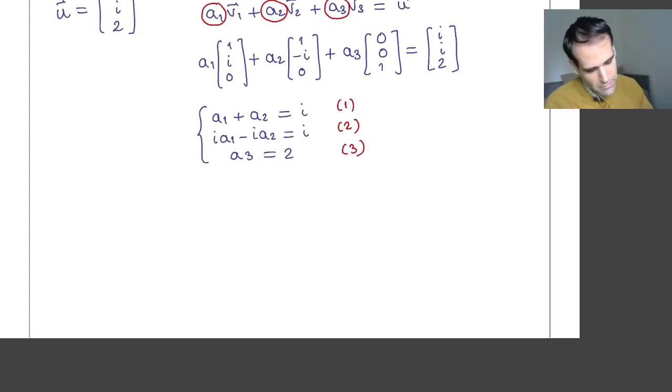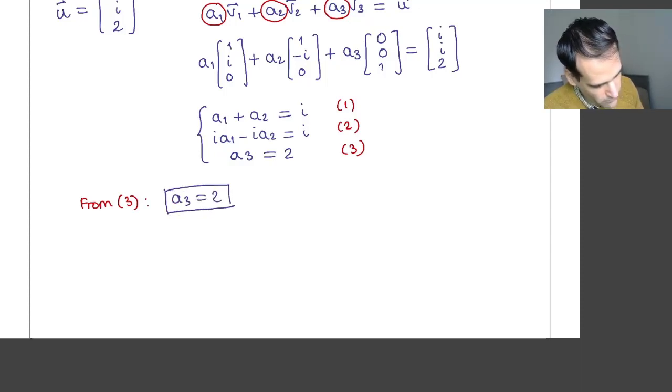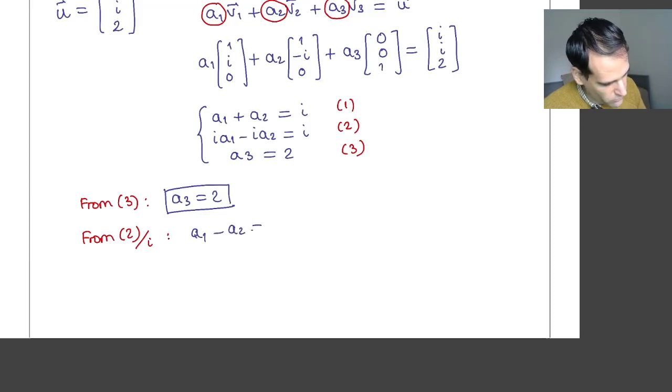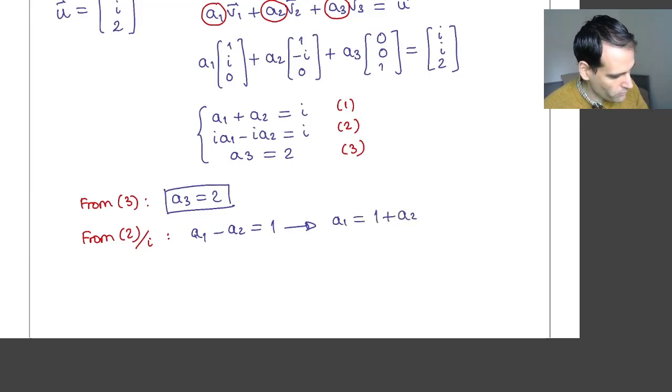Now we proceed very similarly as we did in A. First, from 3, we already know that A3 has to be equal to 2. Now from 2, if we divide both sides by i, we arrive at A1 minus A2 equals 1. Therefore A1 equals 1 plus A2.